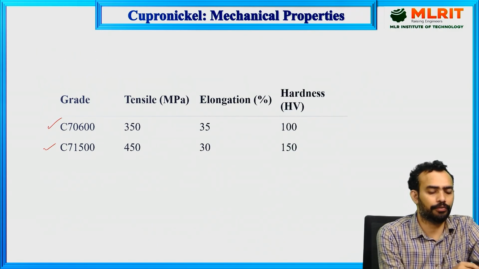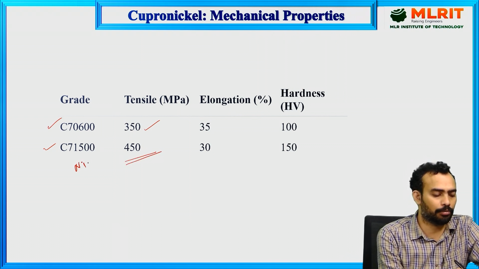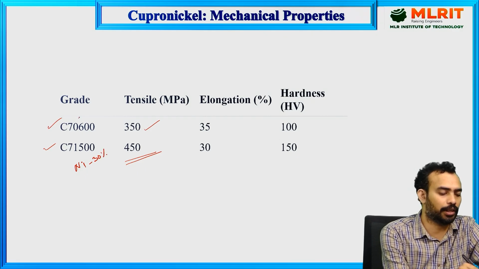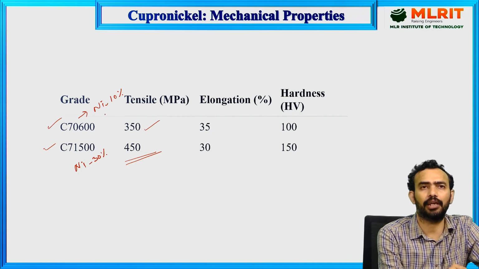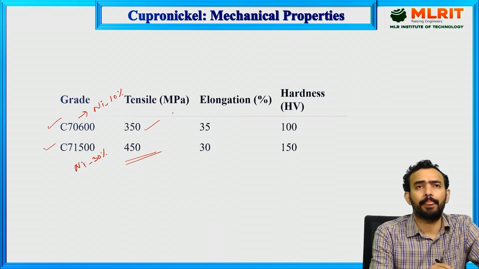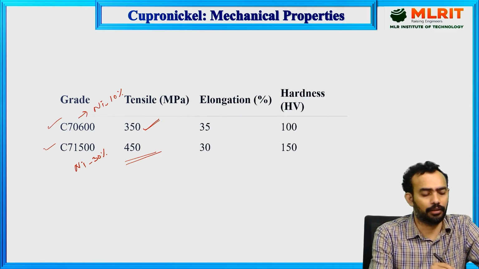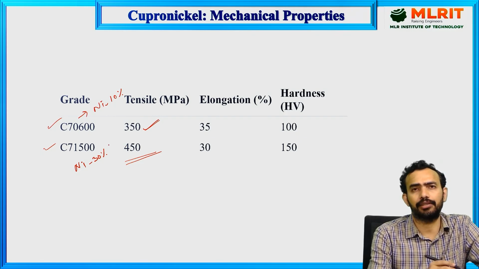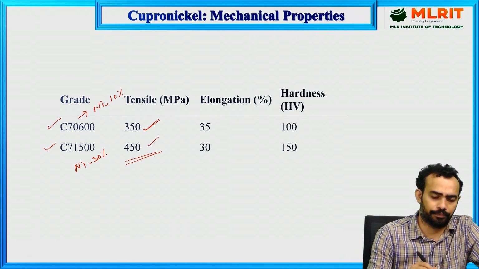If we compare both, in this one nickel is about 30 percent, whereas here nickel is about 10 percent. With 10 percent nickel, the 90/10 copper nickel alloy gives about 350 MPa tensile strength, whereas as the nickel in the copper increases, its tensile strength also improves significantly.